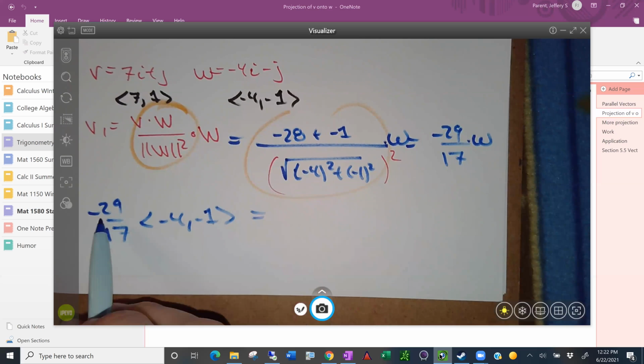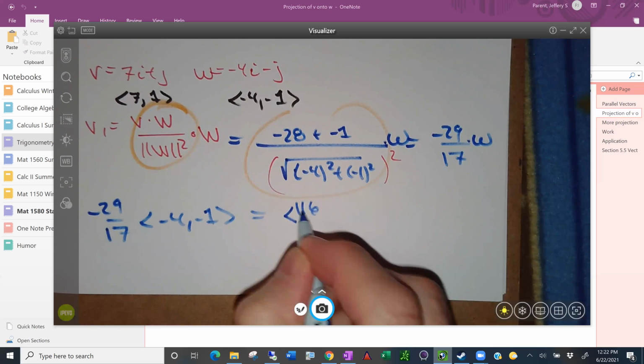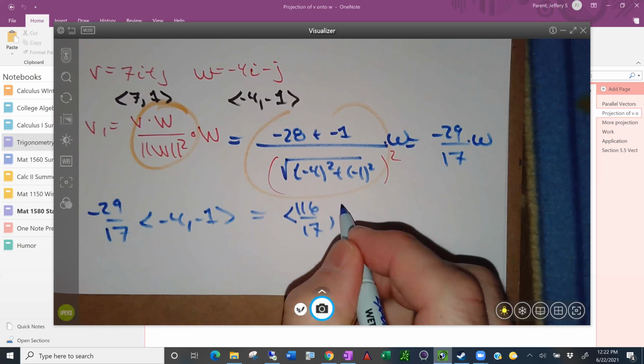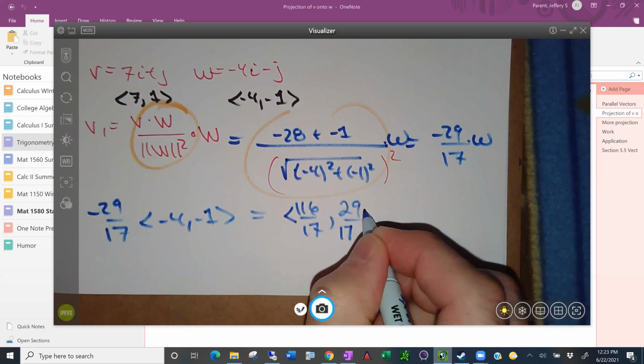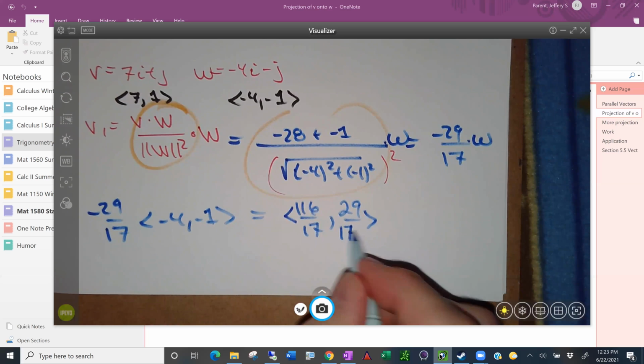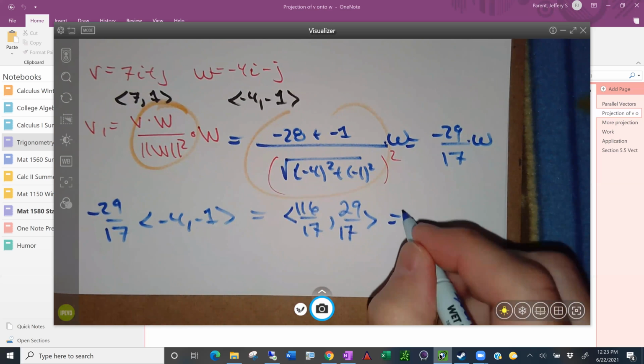And that's going to be, let's see, 116 over 17 and 29 over 17. So that is V1.